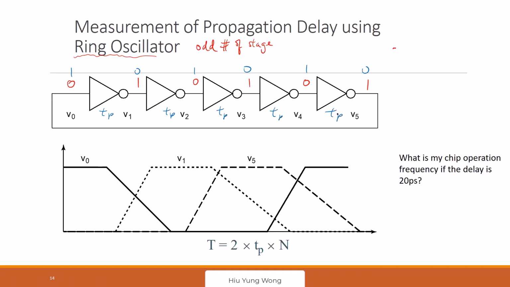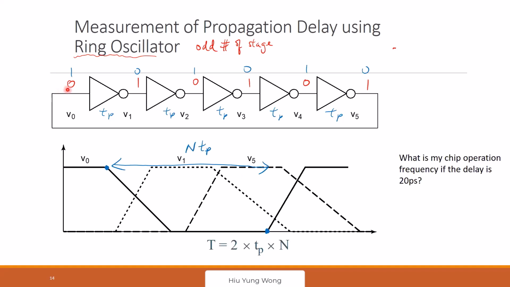This is TP. It means that I switch from, for example, this one, from 1 to 0, right? So I switch from here to half, to here. This is the half cycle after N TP, correct?